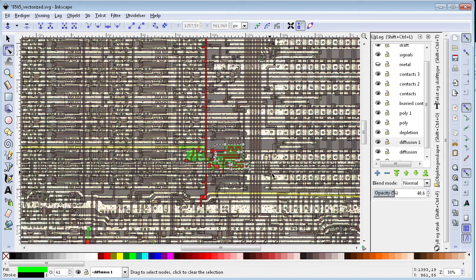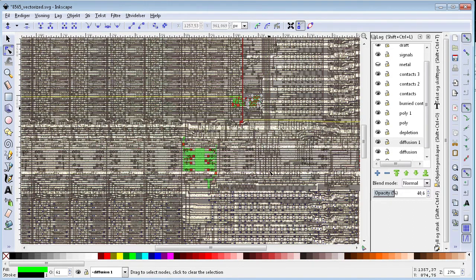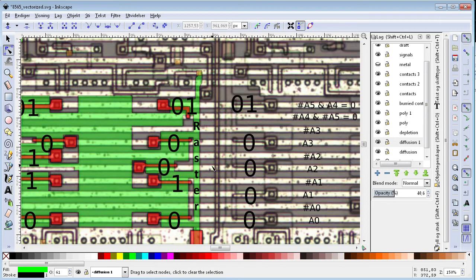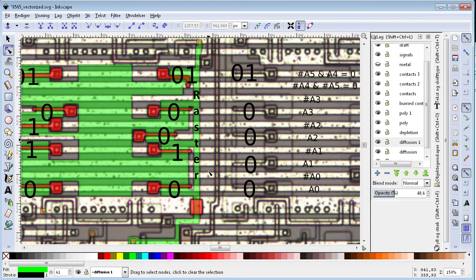But the most fun part today was that I found a raster register. The raster register is D012, I think. Let's have a look.